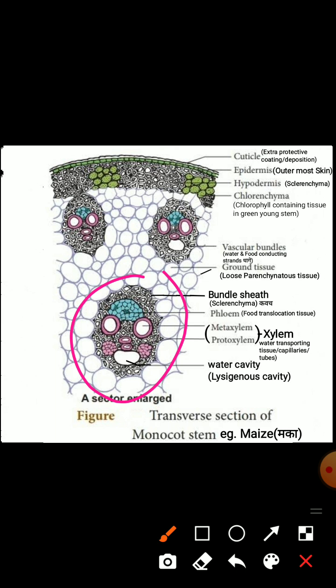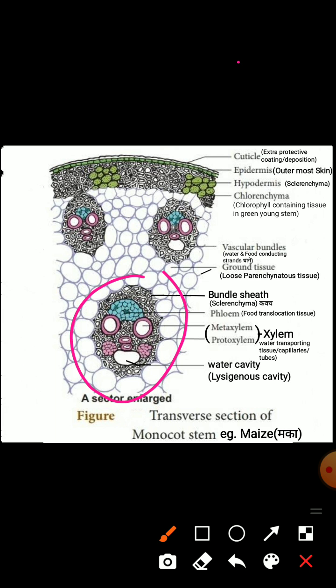The monocot stems show no process of secondary growth. Secondary growth means increase in the thickness of the stem. Now we have seen the maize stem, sugarcane stem, supari stem, coconut stem, bajra stem, wheat stem.